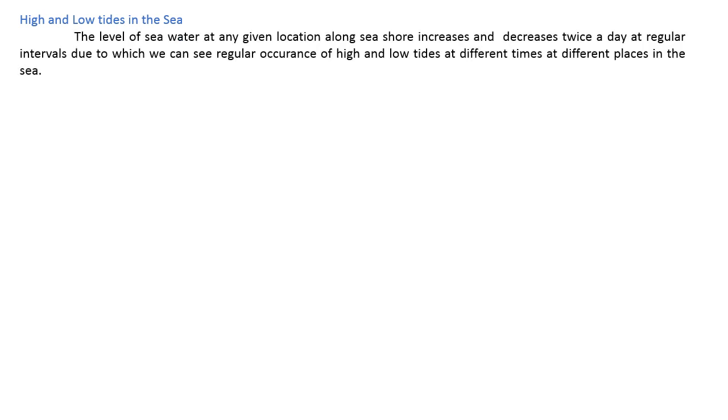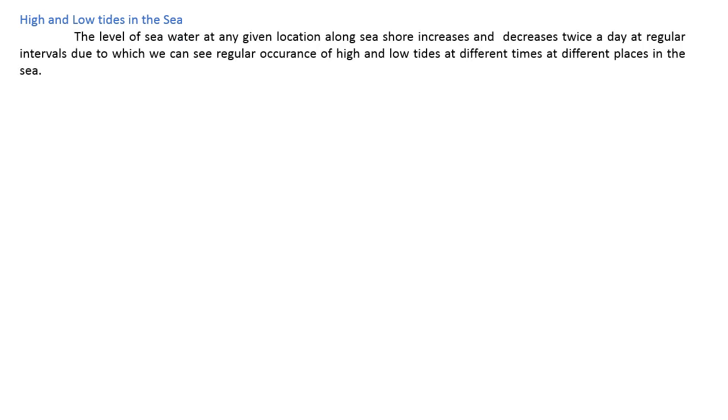Now our next topic is the high tides and the low tides in the sea. We know that everyone likes to visit the sea during weekends or holiday times, and whenever we go to the sea we can see high tides and low tides. How do they take place, how does it happen, that is what we are going to see.